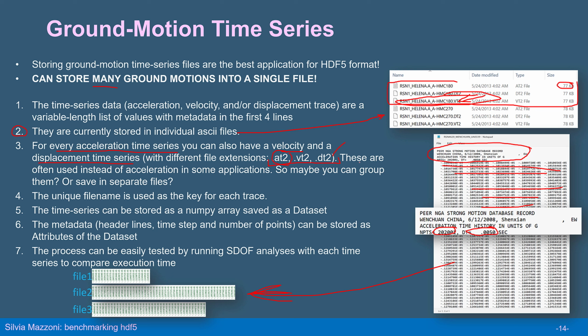And how do I want to store these? I can store them all maybe in one group that's going to have all 3 of these. So that's one idea. Or maybe I should have 3 different HDF5 files, one for AT2, one for VT2, and one for DT2, because I'm not always going to need all 3. So again, that depends on your application and what you want to use.